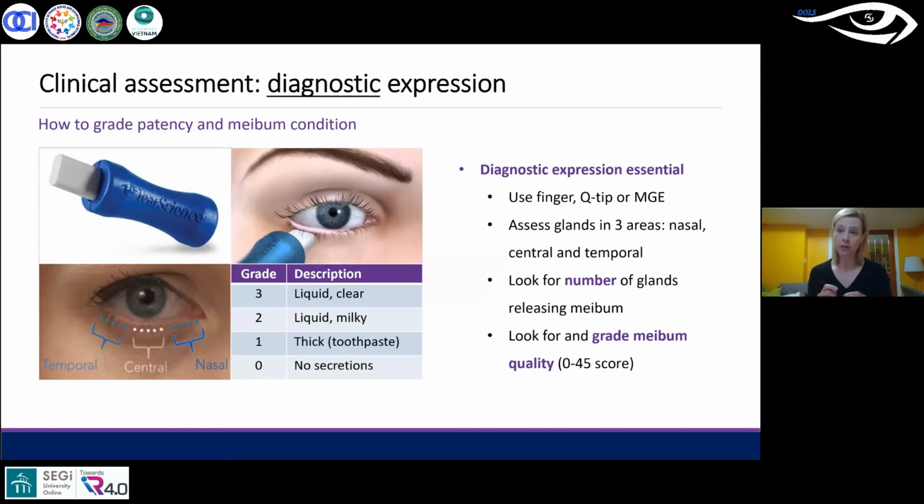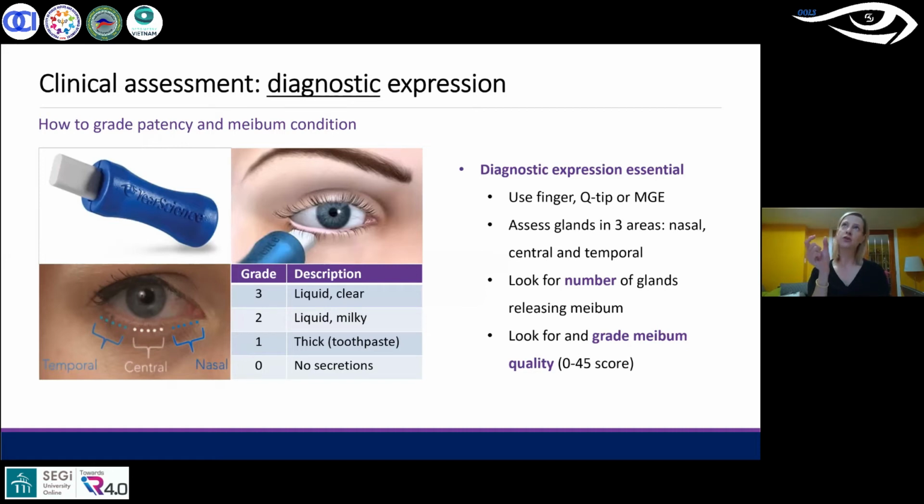There is a little tool pictured here, actually. It's called the Meibomian Gland Evaluator. It's inexpensive and available, I believe, from Johnson & Johnson these days. It was invented by Tear Science originally. What that allows you to do is that little white part on the end, for those who are not familiar, will depress with a constant pressure against the lower margin of the eyelid.